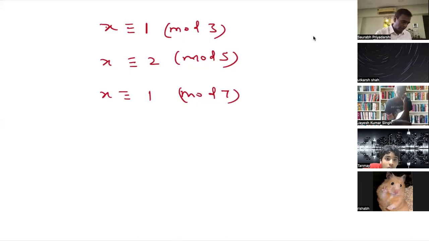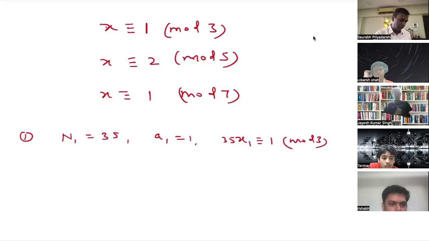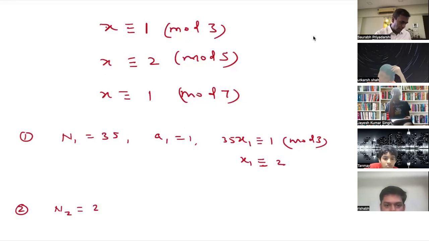So we have to write down N1. So first, N1 is again 35, right? A1 is 1 and x1 in this case means 35 x1 congruent to 1 mod 3. So what is x1 you are getting? 2. And N2 is 21, a2 is 2.